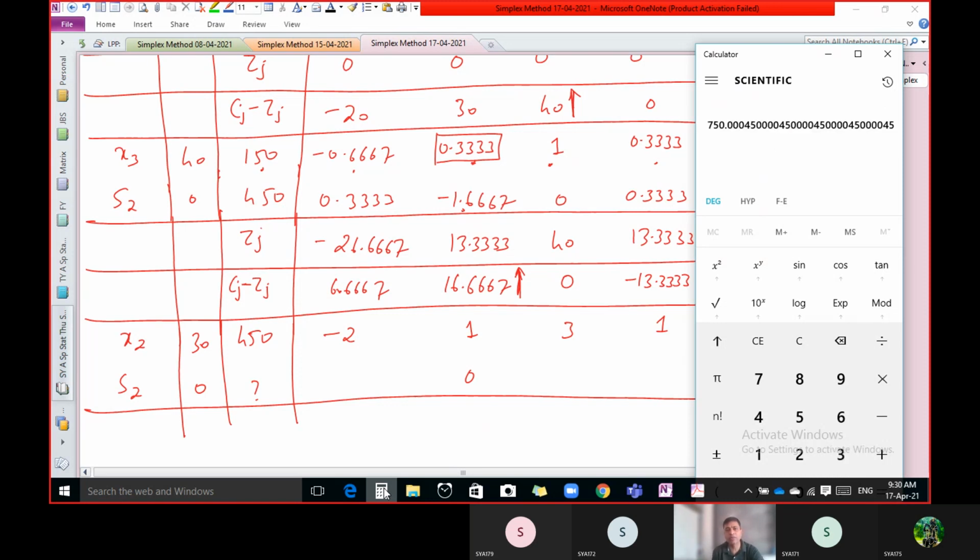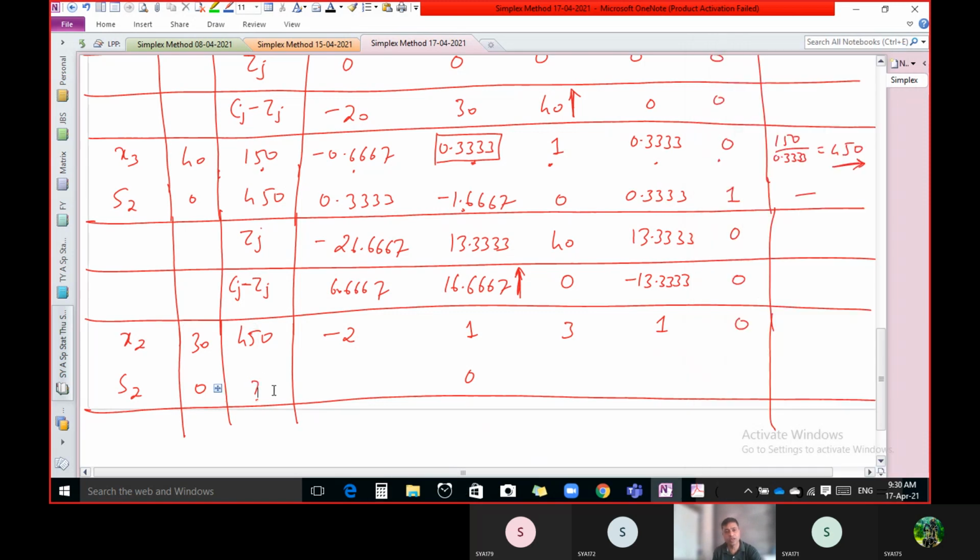So we get 750, but it should be negative because this into this divided by this is negative. So my answer is minus 750. So 450 minus 750. So it is 450 plus 750. So my answer is 1200. So we have to write here 1200.